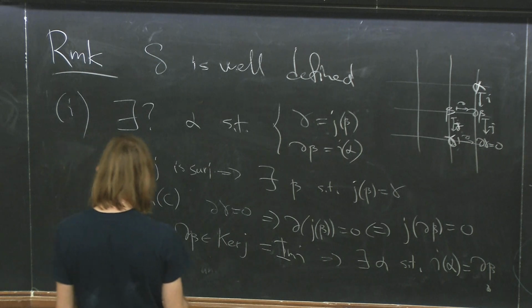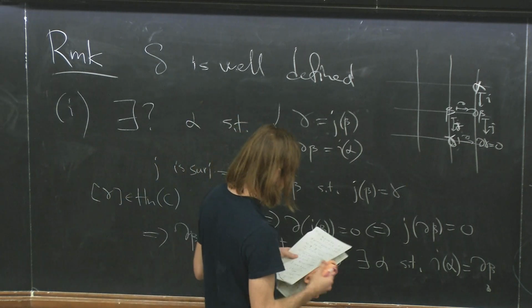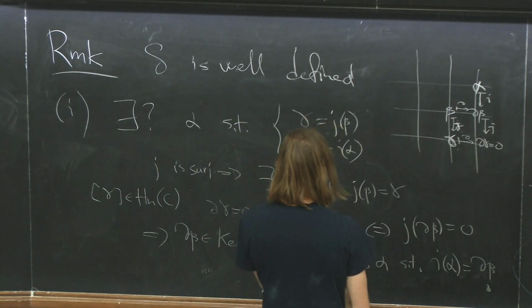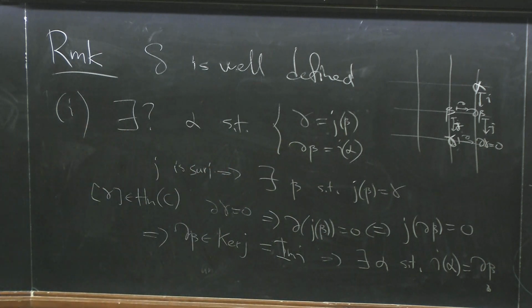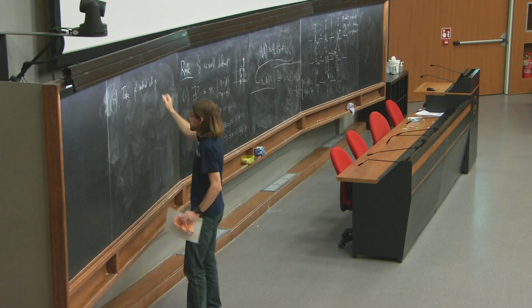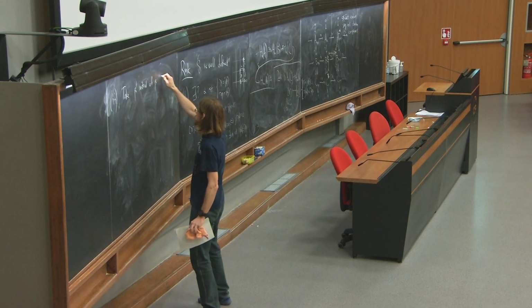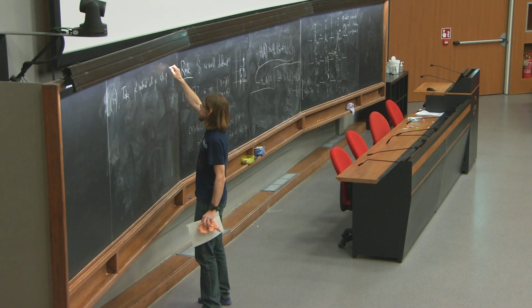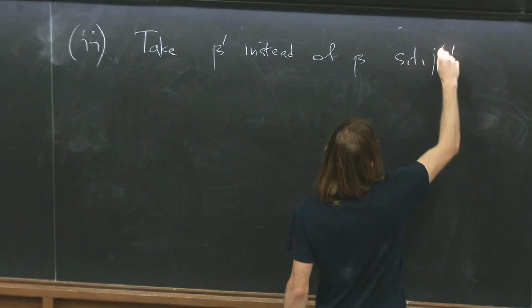And now we have to check that the map is well defined, so it's independent of the choices we make. The second point we will check: let's consider that we take beta prime instead of beta, such that this beta prime is another solution of this first equation.